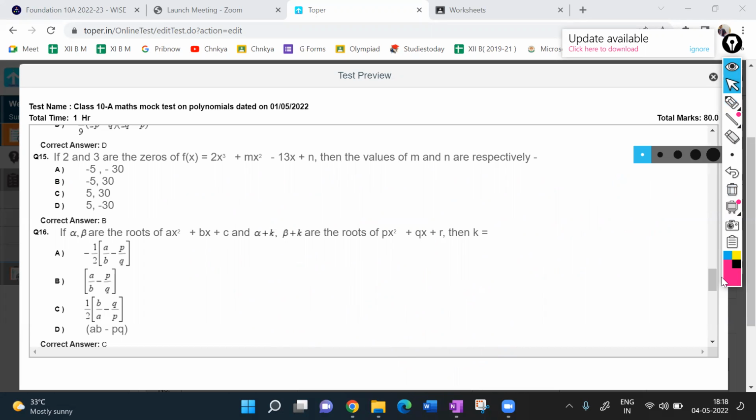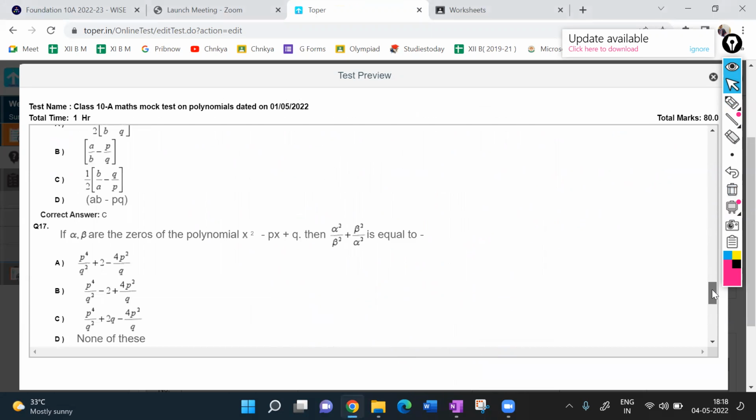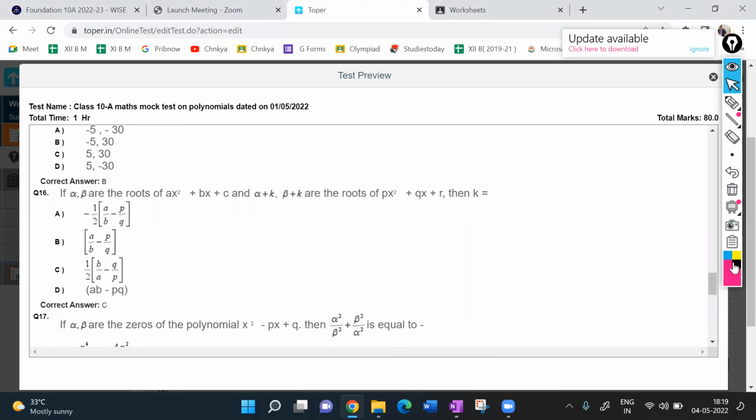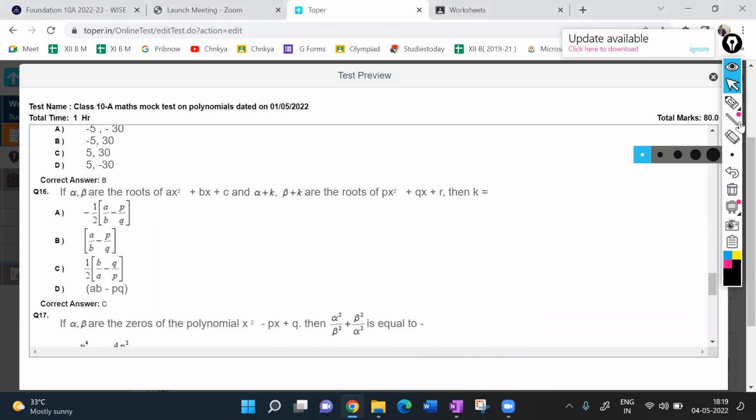Next question. Alpha and beta are the roots of this, and alpha plus k, beta plus k are the roots of this. Then what is the value of k? Very simple. Look at this here. Alpha plus beta is what here? Minus b by a. Alpha beta is what? c by a. Now look at this here.